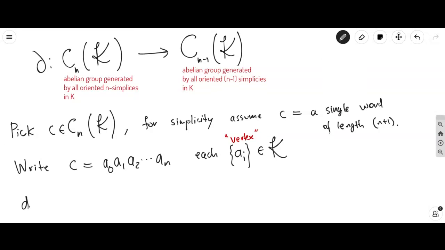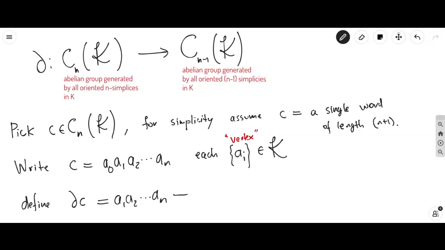Then we define partial C, and it's done the same way, where you make one of these vanish at a time. You first make this one vanish, so it would be A1, A2, An, and then you alternate.